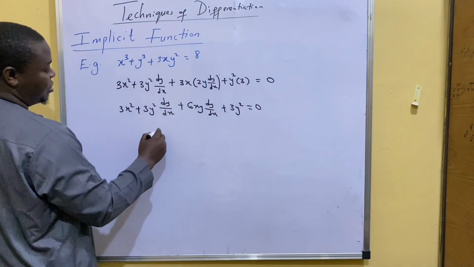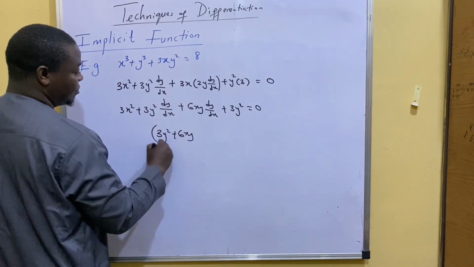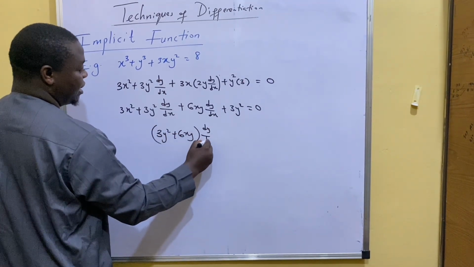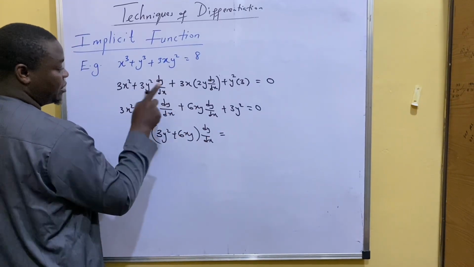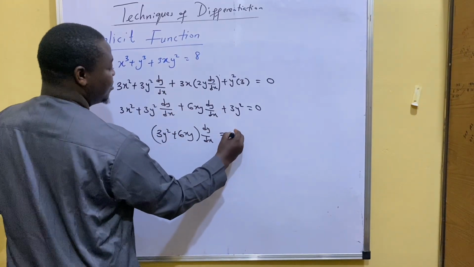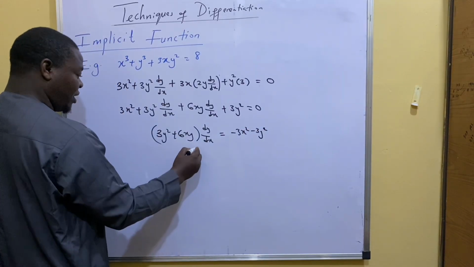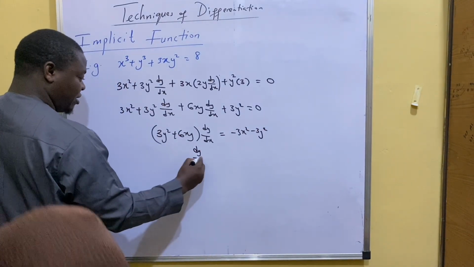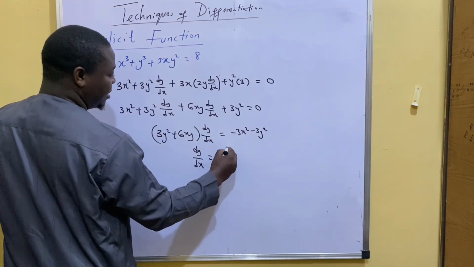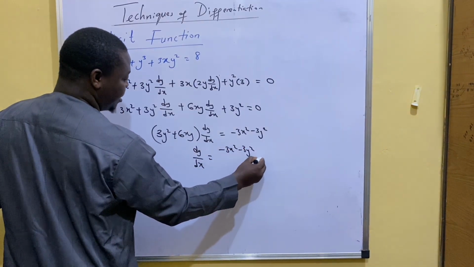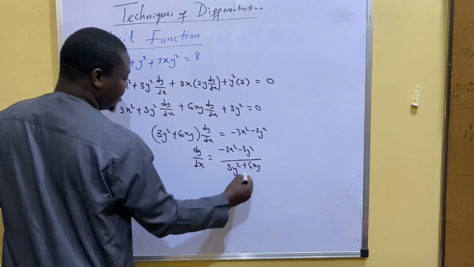If we collect like terms, we have (3y squared plus 6xy) dy/dx equals, moving 3x squared to the other side as well as 3y squared, minus 3x squared minus 3y squared. Then we can divide both sides by the coefficient of dy/dx. So dy/dx will equal minus 3x squared minus 3y squared divided by 3y squared plus 6xy.